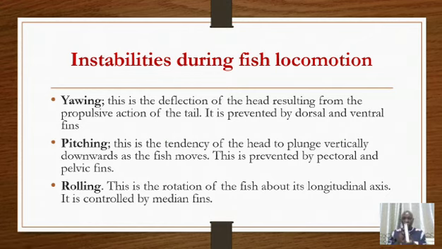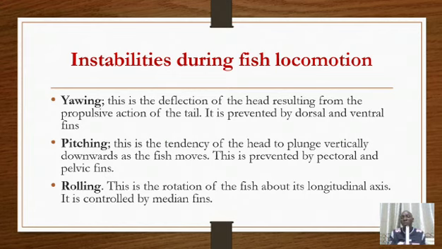Assuming this is fish, like this, in water, as it swims to move forward, this head may get deflected to one side, like that. That is what we call yawing. If the deflection due to the action of the tail pushes the head maybe to my right or to your right, like that, then the fish would do that.